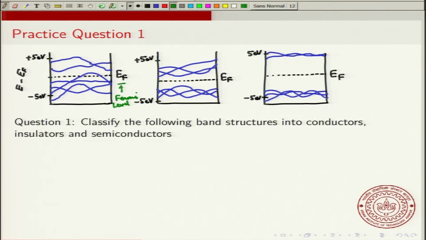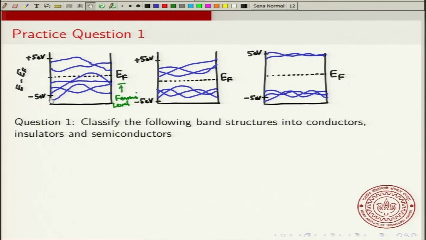Fermi level and Fermi energy are the same at T equal to 0, but at finite temperature the Fermi level is used, and notice that the Fermi level can be where there is no band also. It can be in between bands. So on the axis E minus EF, I have marked plus 5 and minus 5 electron volts.